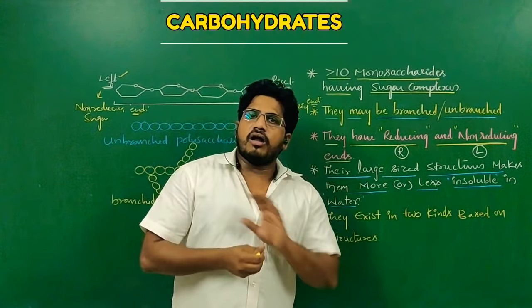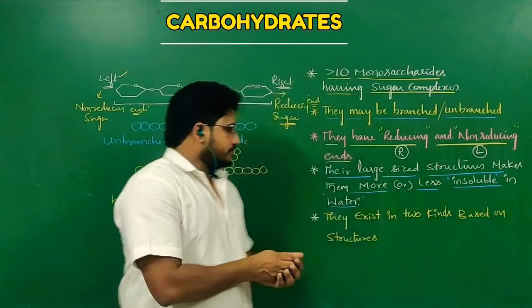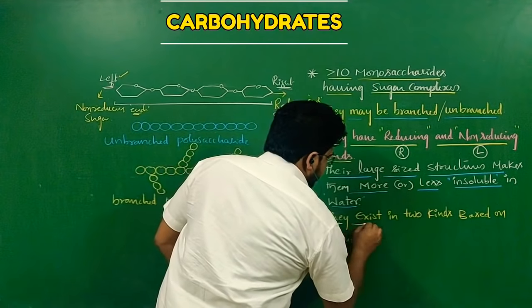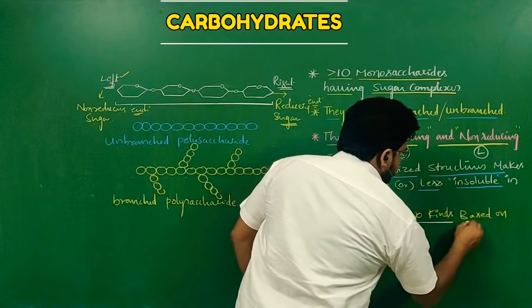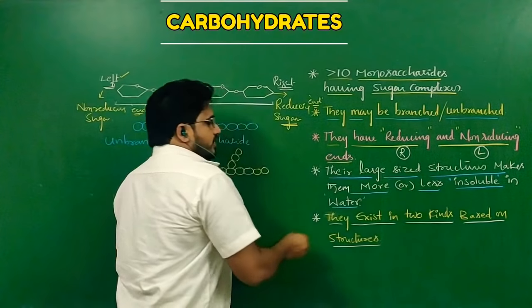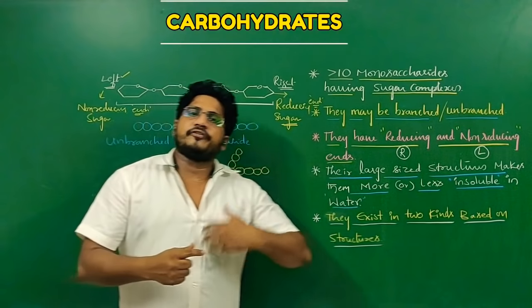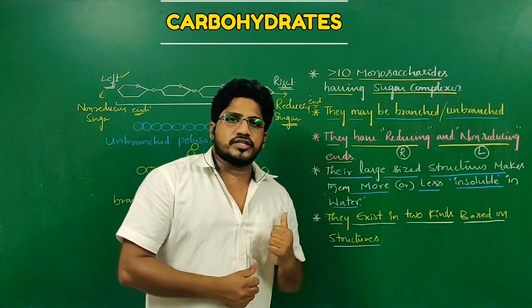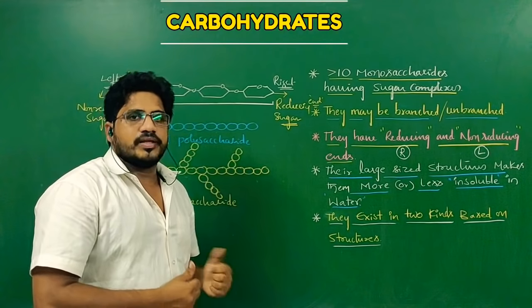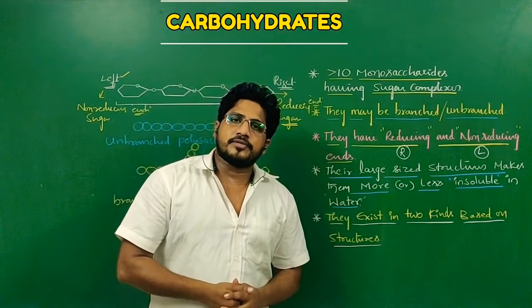Other than inulin, all are insoluble in nature. Last point, let me explain that they exist in two kinds based on their structures. If we discuss the classification of polysaccharides, what are the different types of polysaccharides? I have to say according to their structures. Let us see the different types.